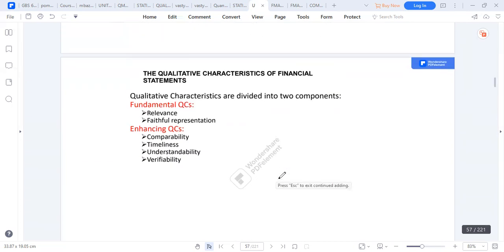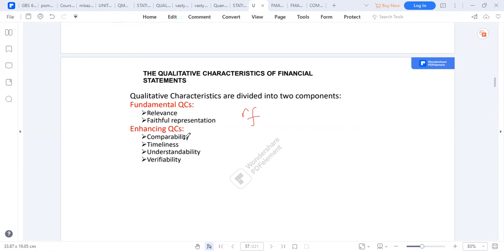We also have what we call the qualitative characteristics of financial statements. So we have the fundamental qualitative characteristics and the enhancing qualitative characteristics. RF is for the fundamental characteristics, which look at relevance and faithful representation.